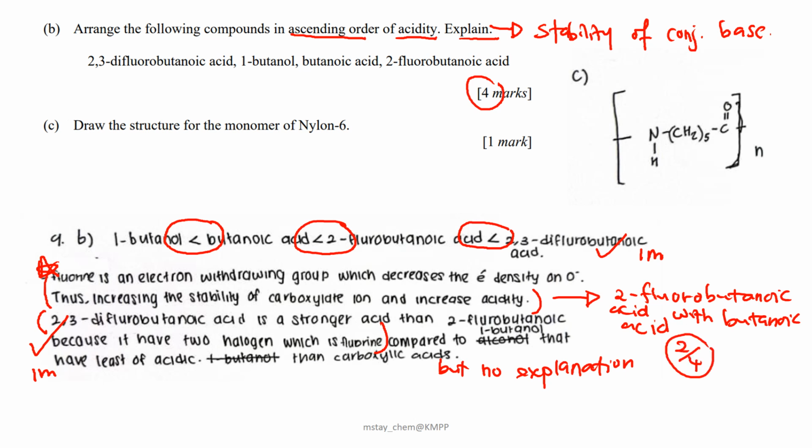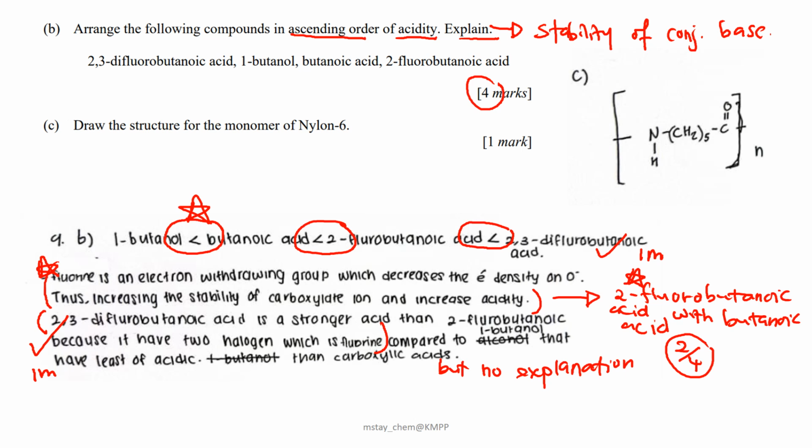So how to get better marks in this question? Like I mentioned before, the student can actually get 3 marks over here, just because he or she didn't mention 2-fluorobutanoic acid with butanoic acid in the sentence. The student also lost the mark for butanoic acid with butanol.